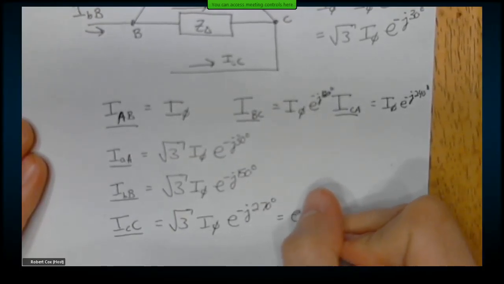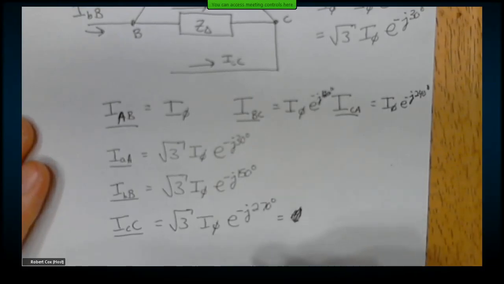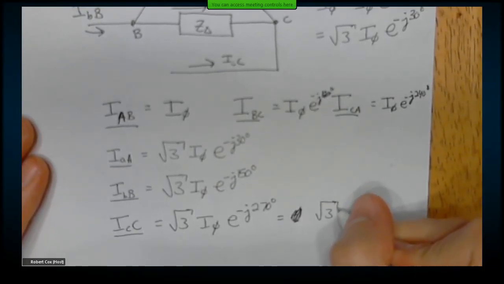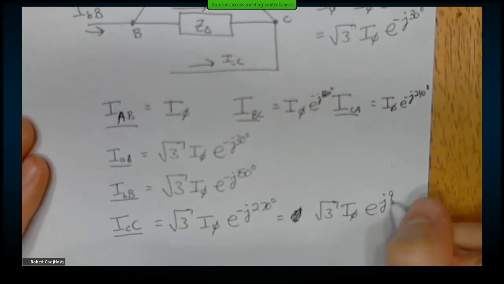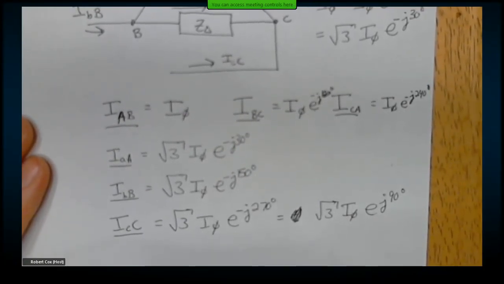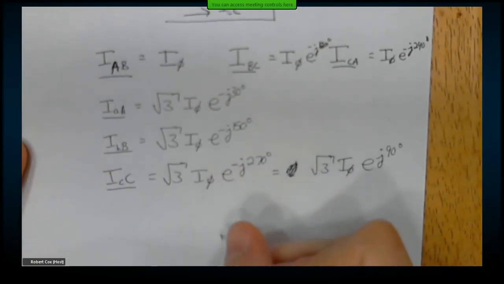Negative 270 is the same as 90. So let's sketch that picture.